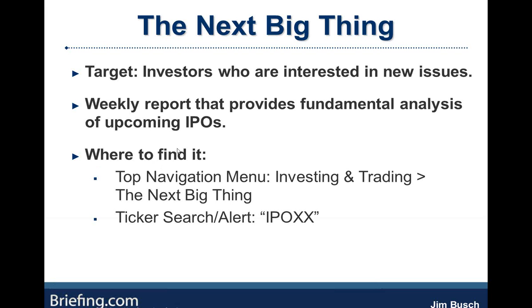In terms of how to use the next big thing, I think it's fairly straightforward, but there's a key point that I would like to make that's particular to IPOs. Our previews and fundamental grades are based solely on a snapshot of the fundamentals as contained in the prospectus and in the roadshow.